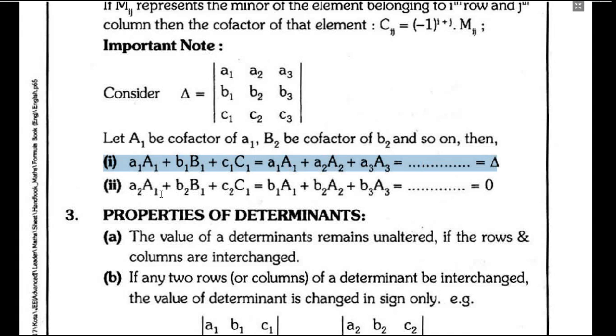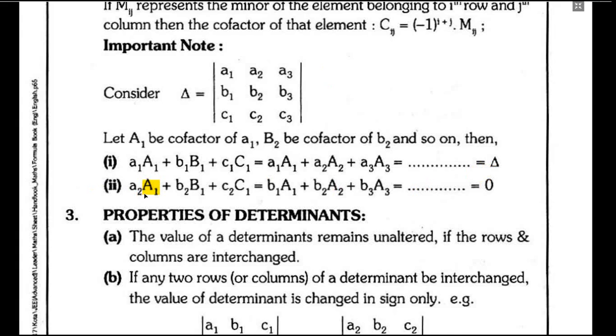The important thing to notice here is that with the element a2 we have multiplied the cofactor A1, and with b2 we have multiplied B1, but in the first case it was a1 A1 and b1 B1, c1 C1, whether in column or in row.